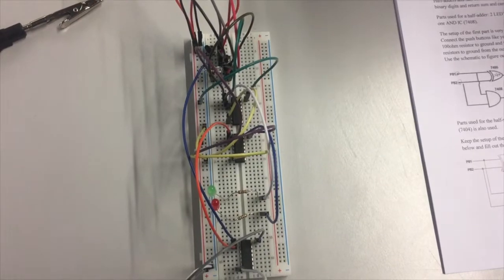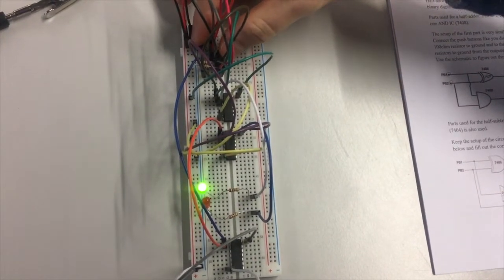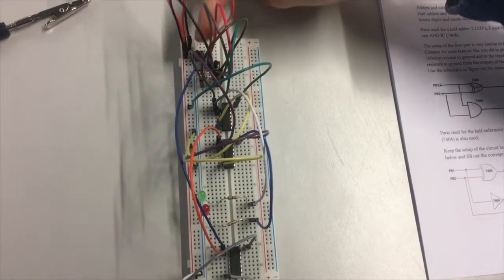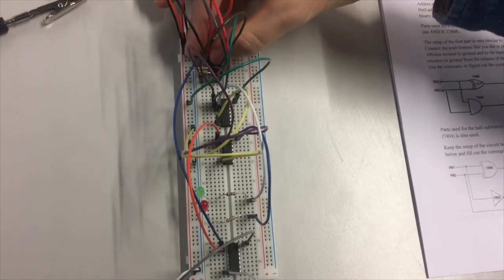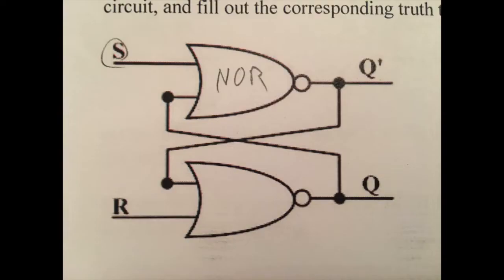And when push button 1 is 1 and push button 2 is 0, we have a difference of 1 and borrow 0. And when push button 1 is 1 and push button 2 is 1, we have a difference 0 and borrow 0.